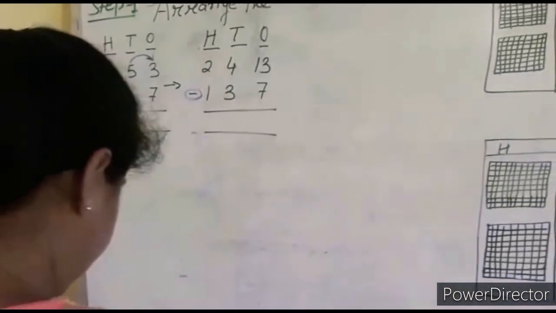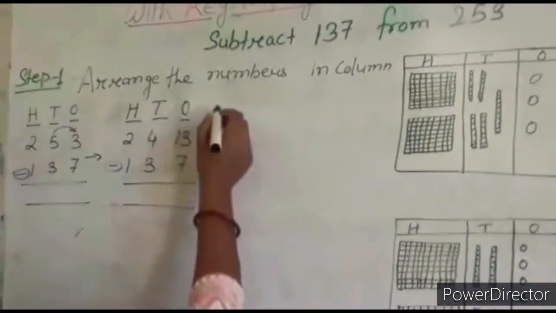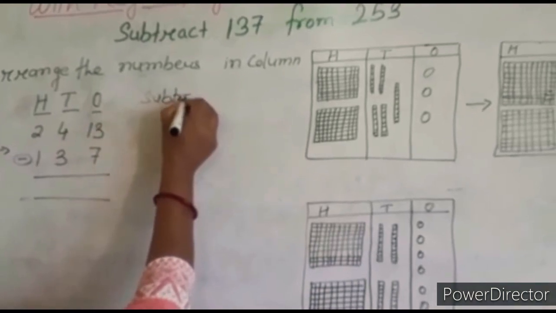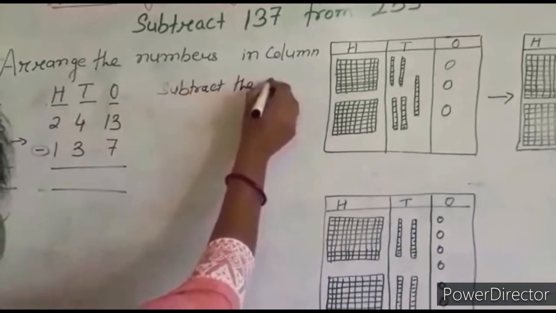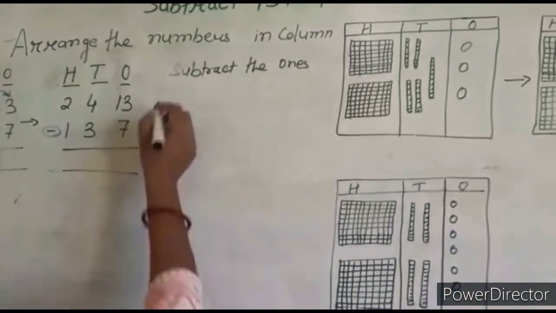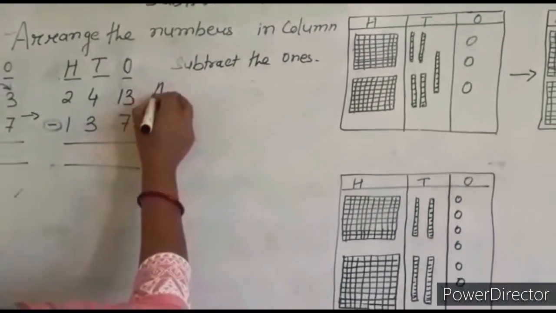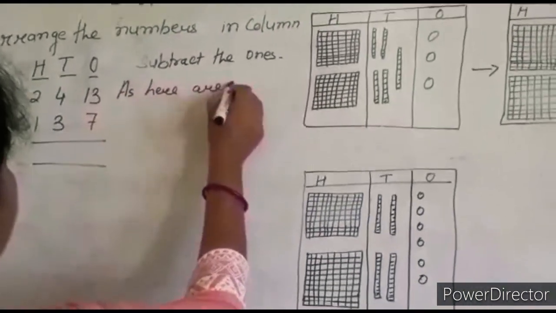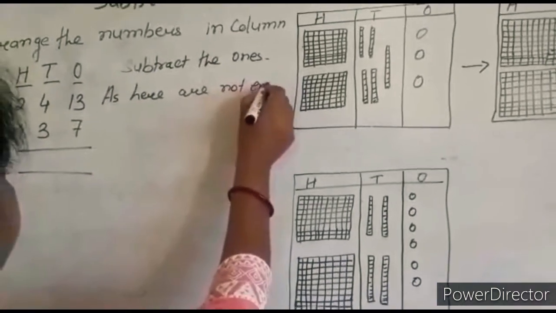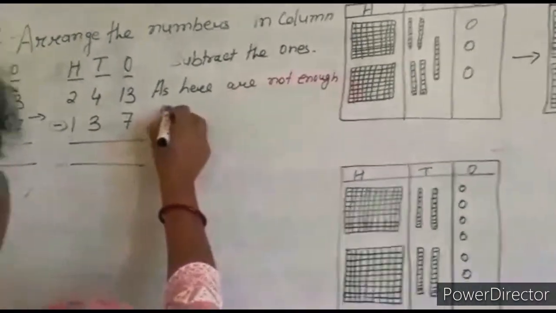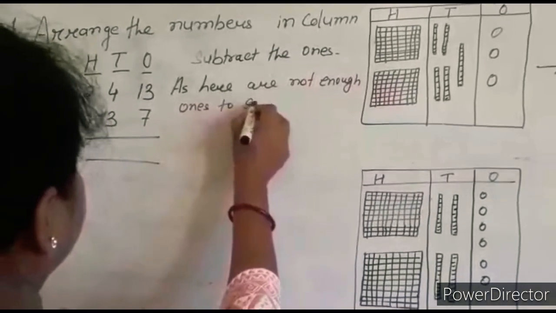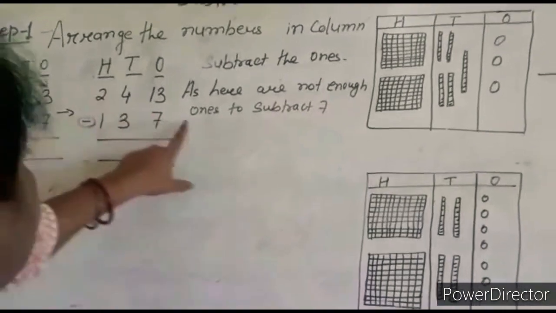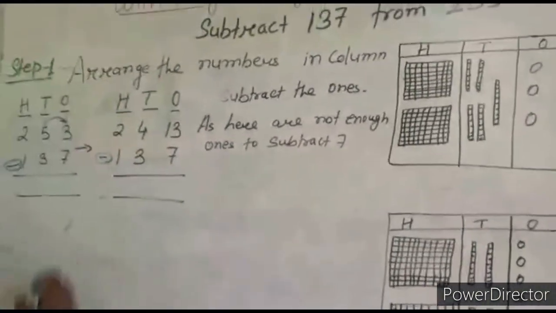So we can write here: subtract the ones, as here there are not enough ones to subtract 7. That's why we regroup.